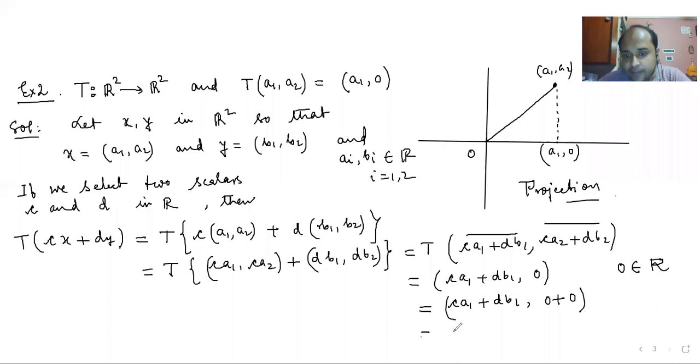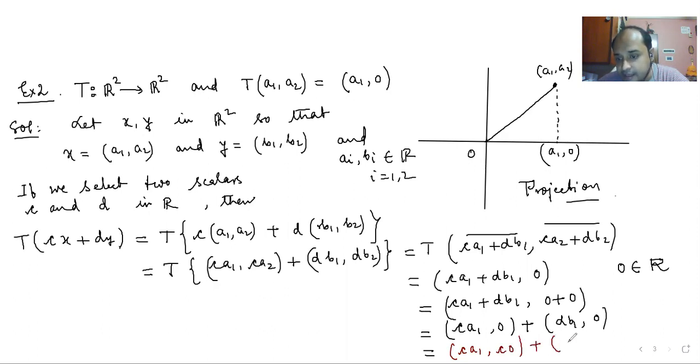So I can now separate it in the following manner. I can write it as C into a1 comma 0 plus D into b1 comma 0. And you know that this is nothing but equal to T of, we can also write it as, Ca1 comma C into 0 plus Db1 comma D into 0.